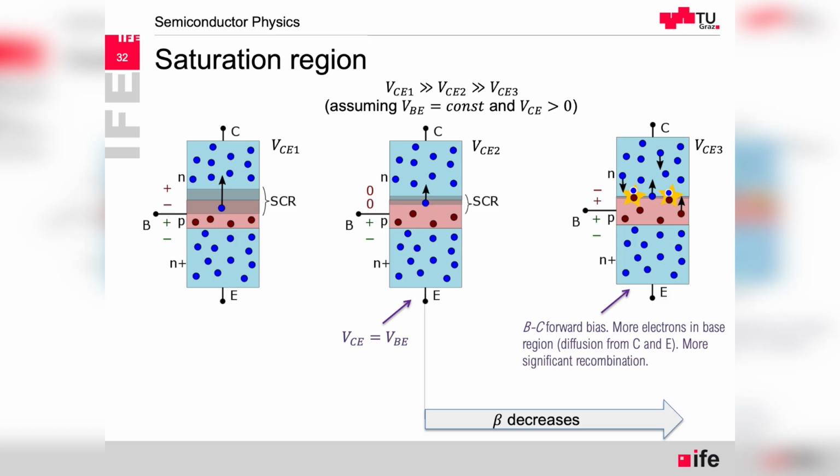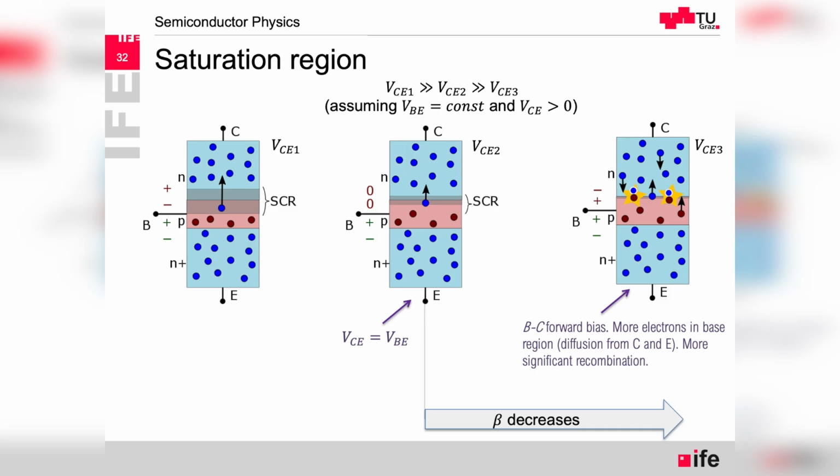So a similar thing, as we decrease the collector-emitter voltage, is what I would like to illustrate here. The most left plot is with the higher collector-emitter voltage, and the most right one is the lowest. What happens is that the space charge region is decreasing because we have less and less reverse bias on the junction between base and collector.